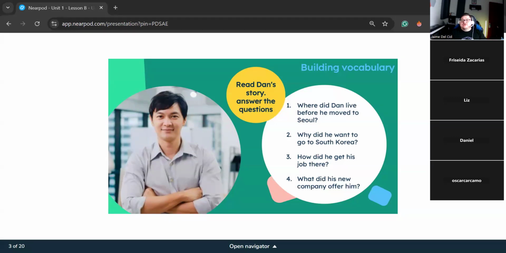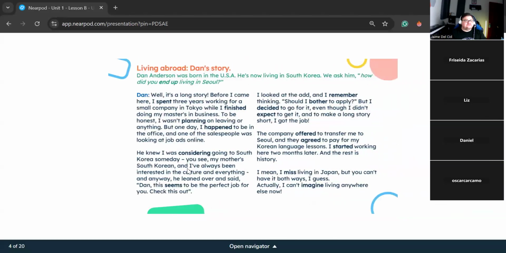Let's go ahead and take a look at the reading. So here is the reading. Now, the title of the reading is Living Abroad, Dan's story. Okay. So before we start, I think that we need to make sure that we understand the vocabulary or the terminology of this reading, at least the title.